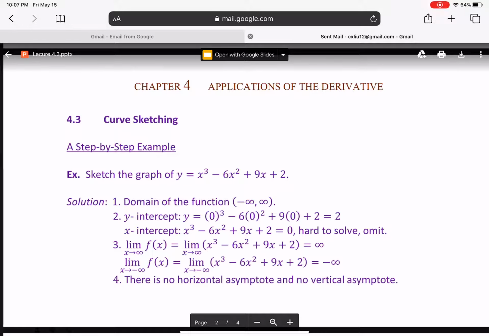From step 3, we know the function does not have a horizontal asymptote, and it doesn't have any vertical asymptote because it's a polynomial function. Vertical asymptotes usually appear in functions with denominators.